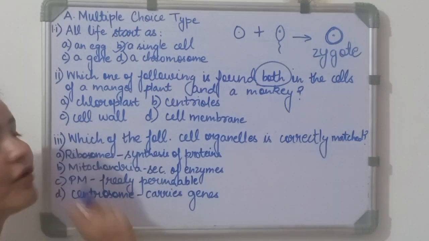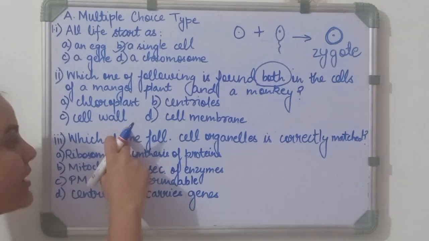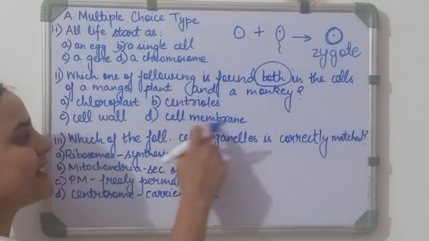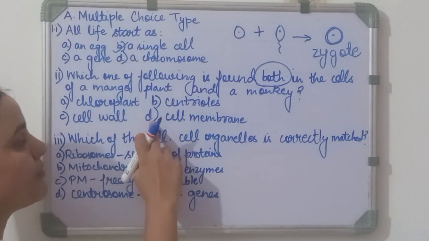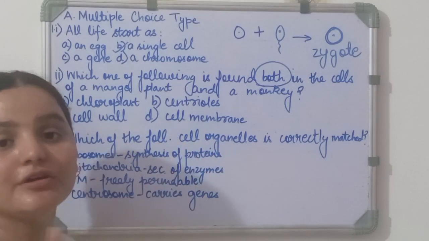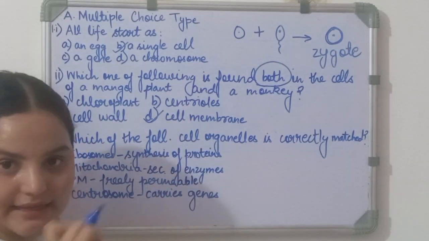Then cell wall is found only in case of plants, which is freely permeable. Okay, now next option is cell membrane. Yes, option D is correct, cell membrane. Why? Because it is found in case of both plants and animals.